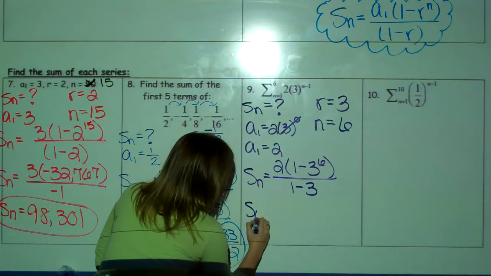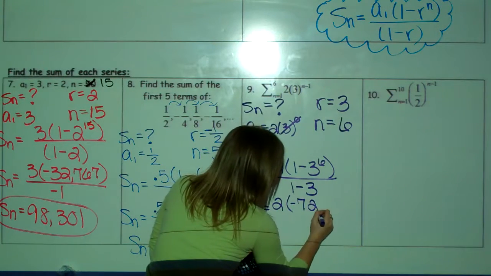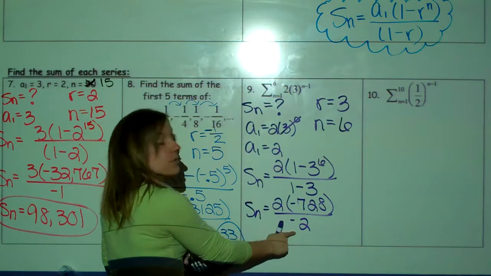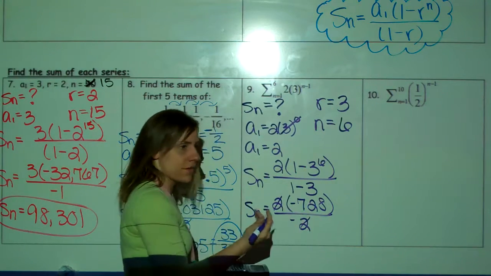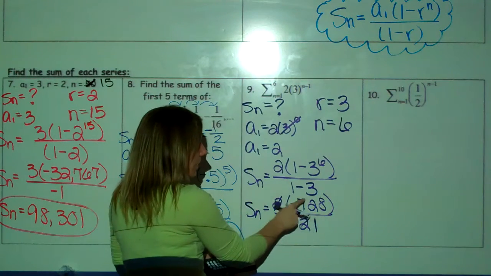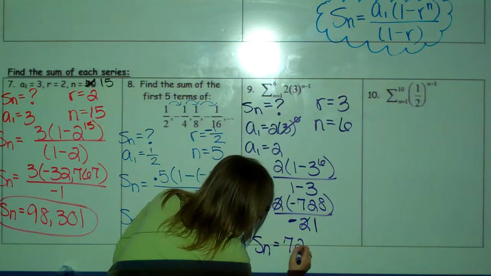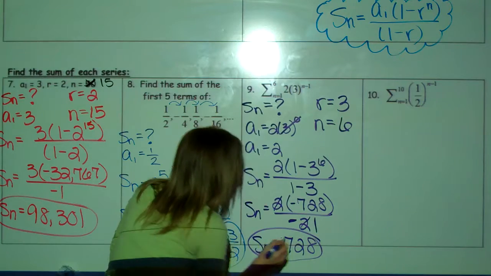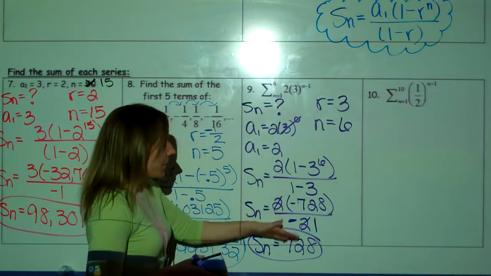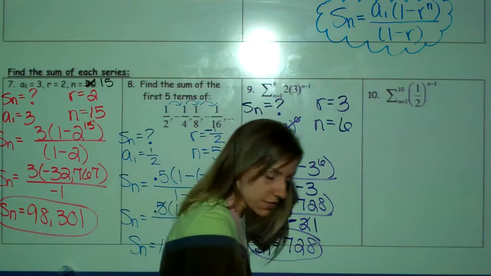That is 2 times negative 728 divided by negative 2. Well, that 2 and that 2 cancel out. We did that last class. And that really is just a negative 1. So really, this negative 1 just changes the sign, so it's positive 728. If you wanted to, you could have multiplied it by 2 and then divided by negative 2, but I know that we talked about how things cancel, so that just kind of relates to last unit.